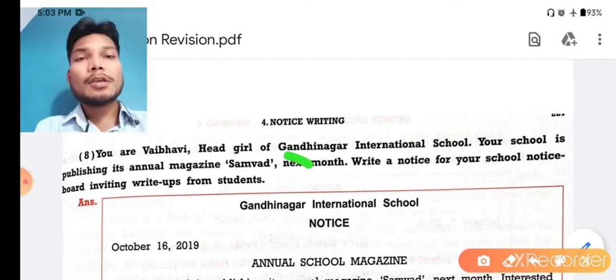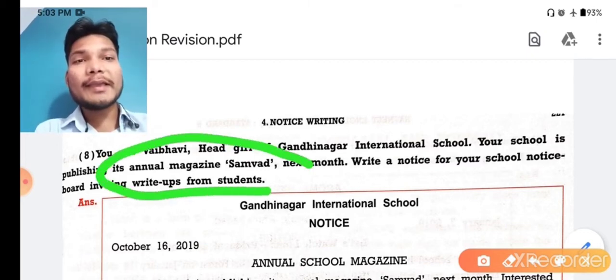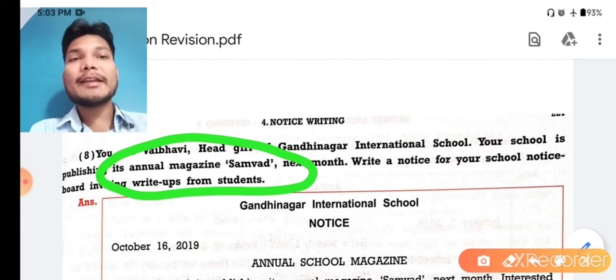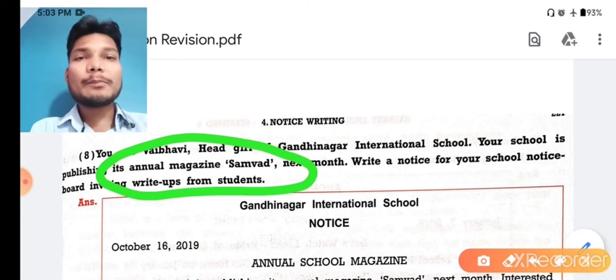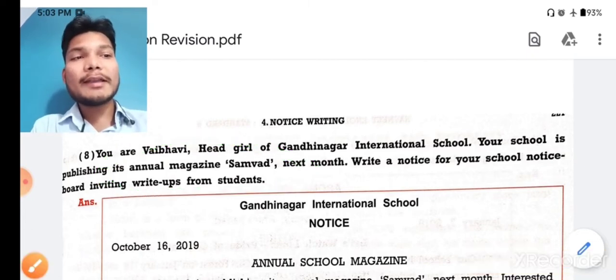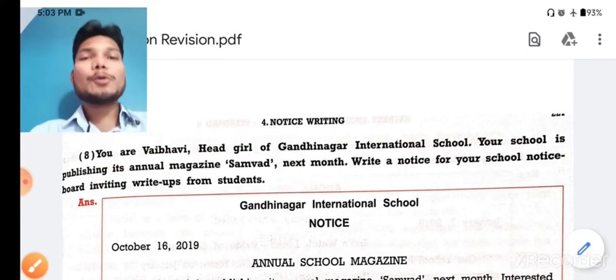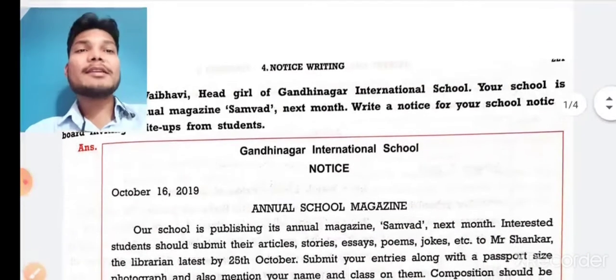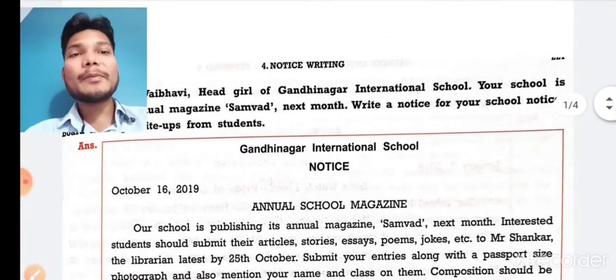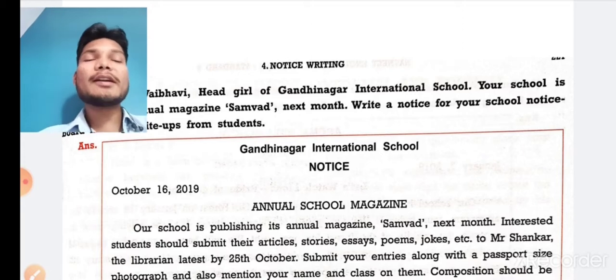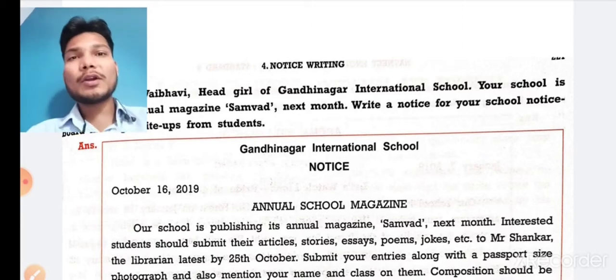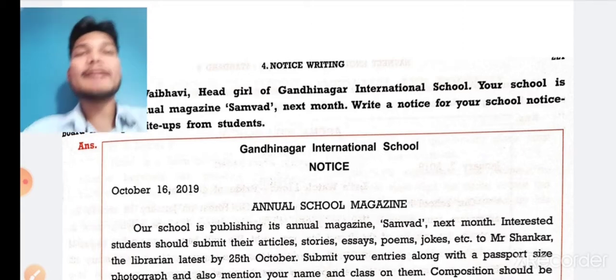That is, you are writing for the annual magazine of your school, and that is Samvad. And for that particular reason you are writing the notice. Now let us start how to write the notice. No doubt we have already discussed the format, but again let us see what points you have to add while writing the notice.